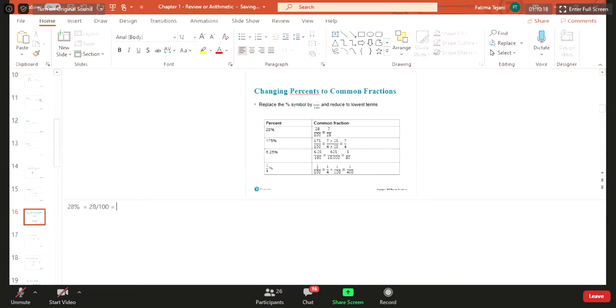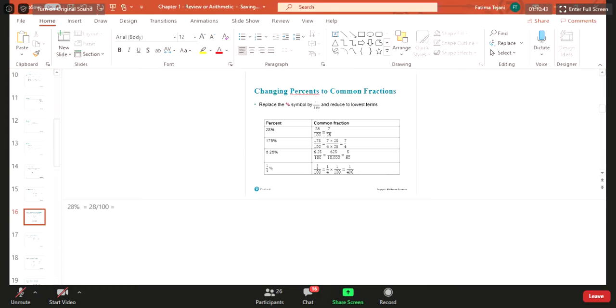So guys, when you have to reduce it to the lowest term, there should be a common value which is divisible into both the numerator and the denominator. So what is the value by which you can divide both 28 and 100? Can you divide it by 5? No, right? Can you divide it by 4? Yes. Always try the basics, starting with 2.